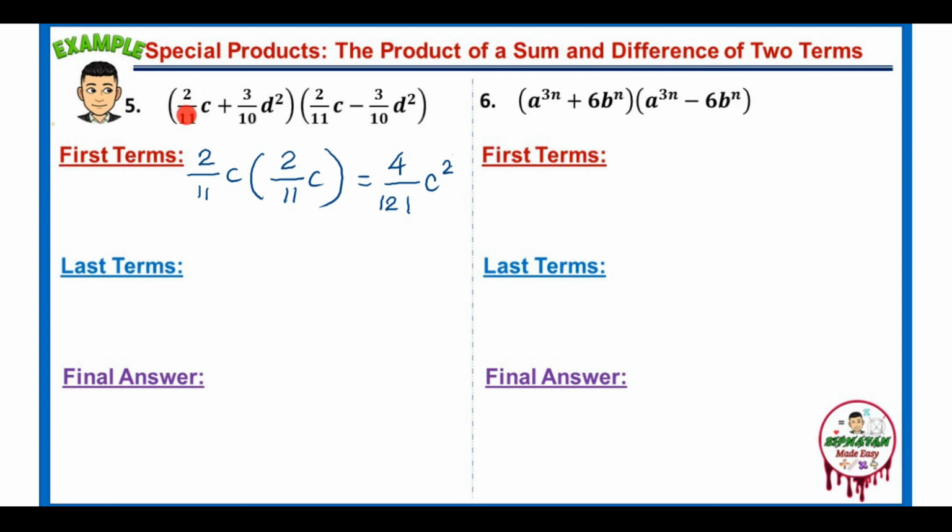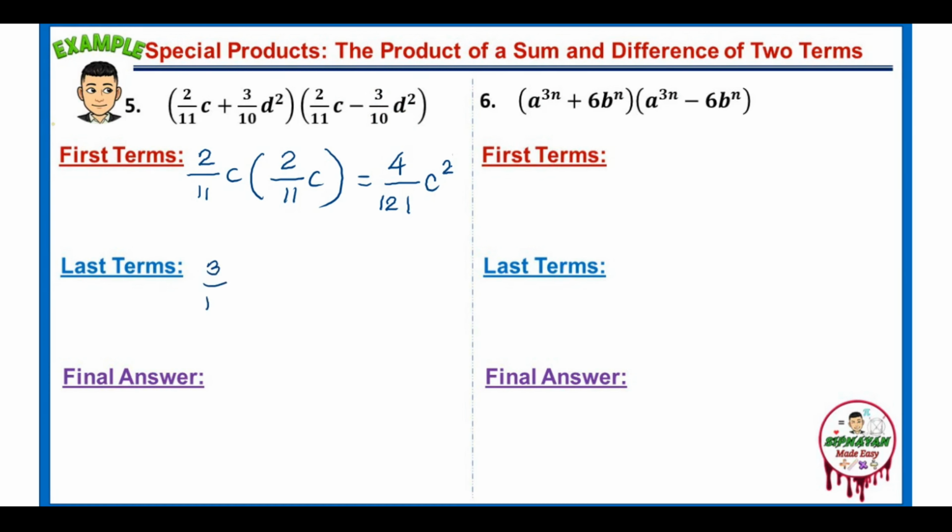In 2 over 11c plus 3 over 10d squared, the last term is 3 over 10d squared. In 2 over 11c minus 3 over 10d squared, the last term is negative 3 over 10d squared. The last terms are also fractions.